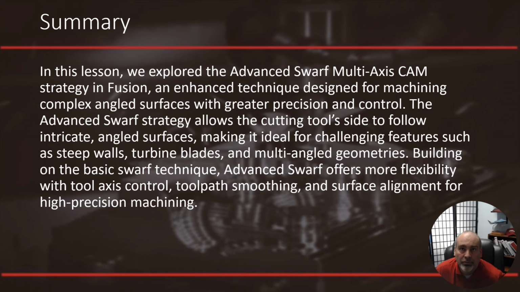The Advanced Swarf strategy allows the cutting tool's side to follow intricate and angled surfaces, making it ideal for challenging features such as steep walls, turbine blades, and multi-angled geometries. Building on the basic swarf technique, Advanced Swarf offers more flexibility with tool axis control, toolpath smoothing, and surface alignment for high precision machining.